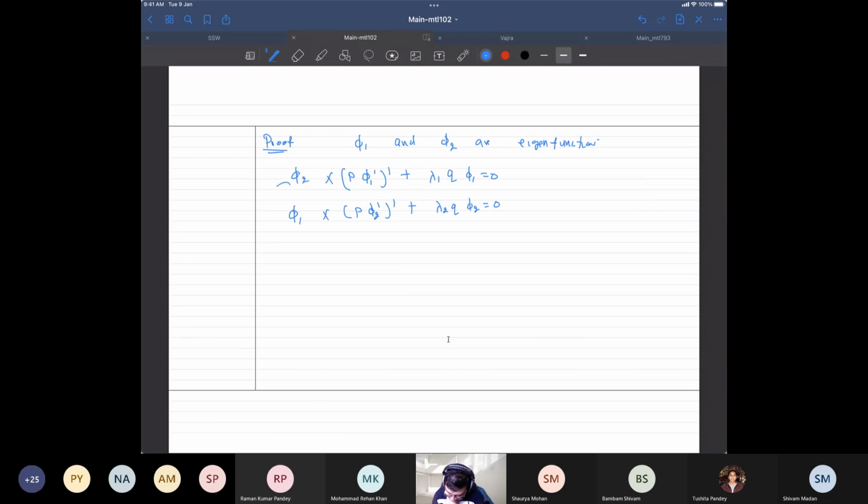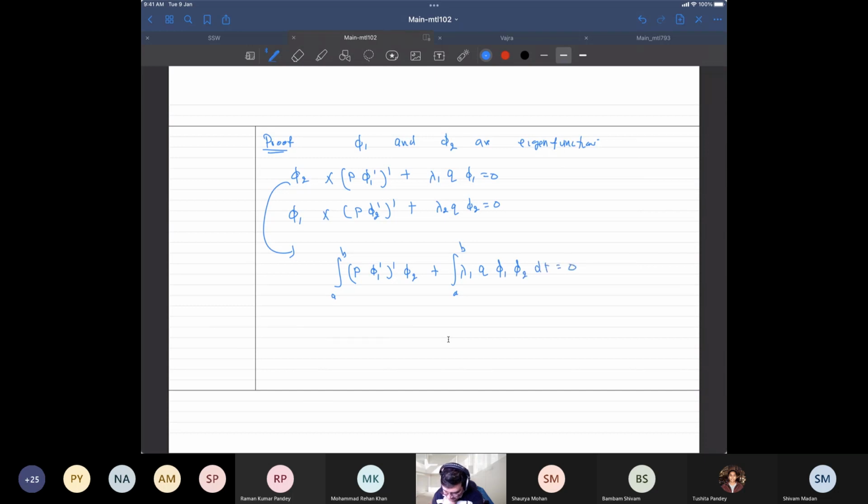Then this becomes the integral of (p phi1 prime) prime phi2 plus lambda 1 q phi1 phi2 dt, integrated from a to b, is equal to 0.